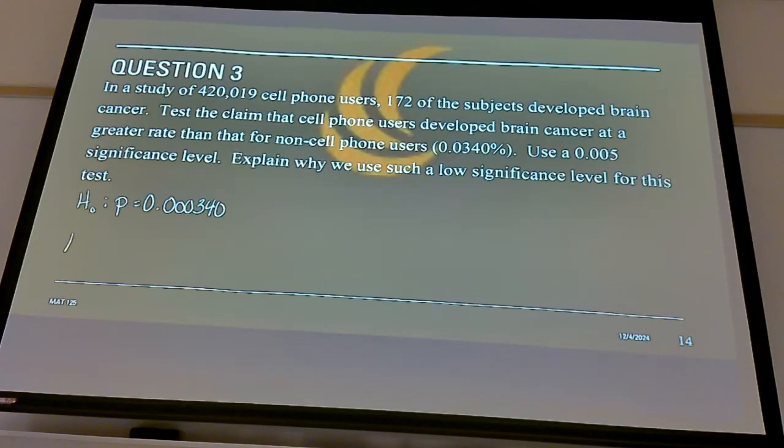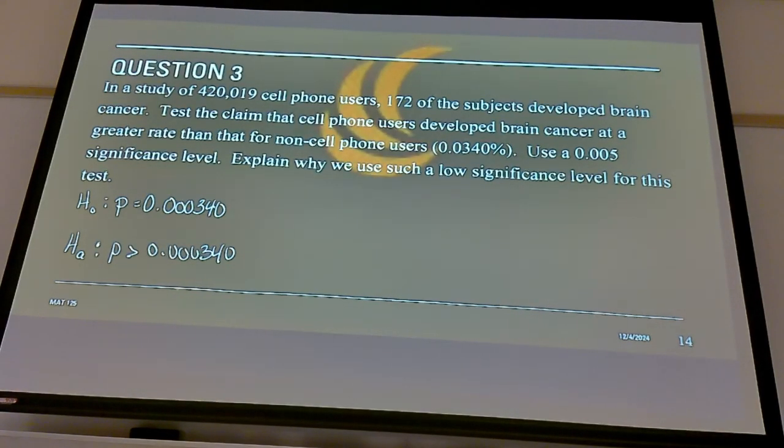What is the alternative? What is it? So p is greater than p naught. This is a right-tailed test. Not that we're doing it by hand.